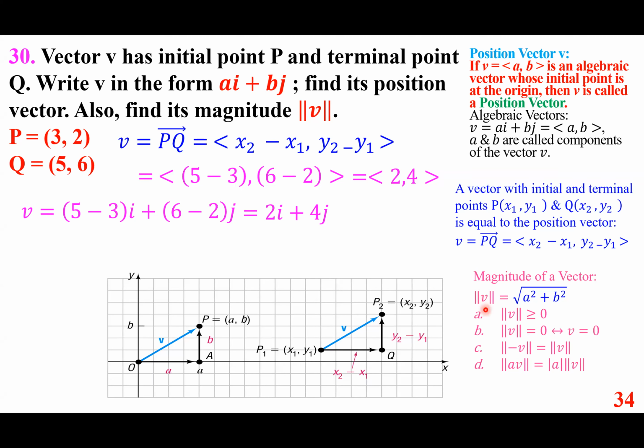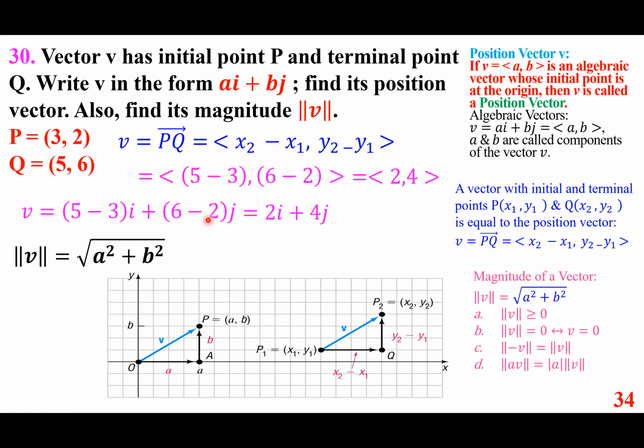Magnitude, or the modulus, is the square root of a squared plus b squared. Magnitude is always non-negative. If the magnitude is 0, so is the vector. And the magnitude of two vectors that are opposite is the same. And if you multiply it by a scalar, you can take the scalar out as an absolute value. So if this is the case, plug in a and plug in b.